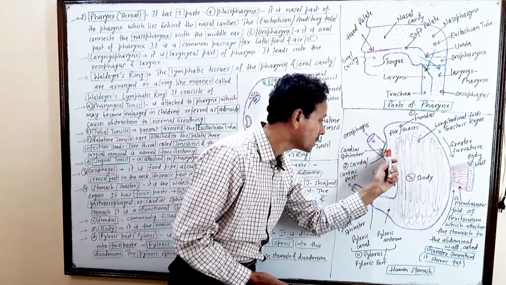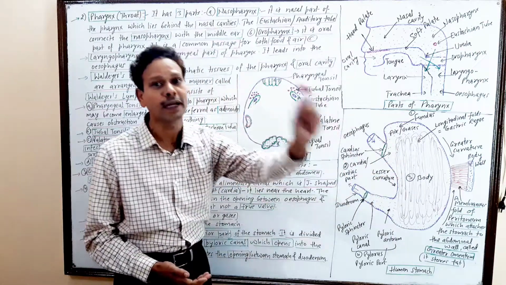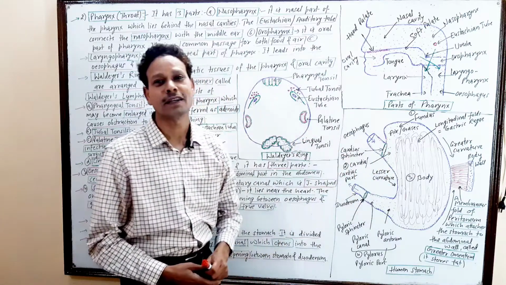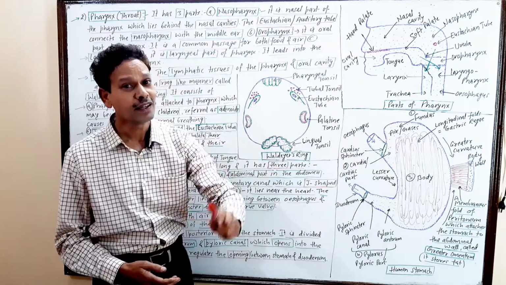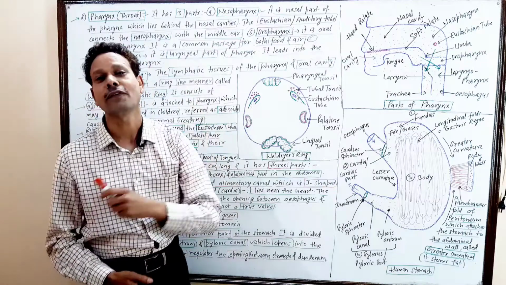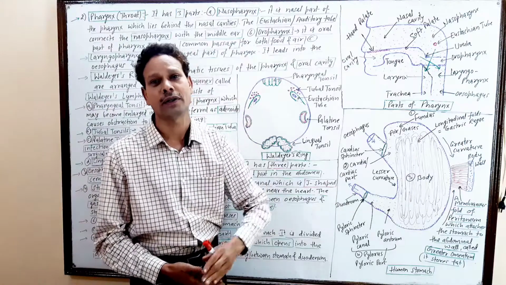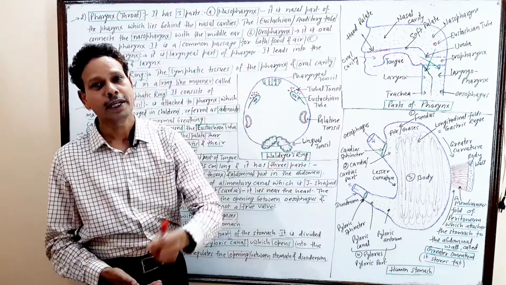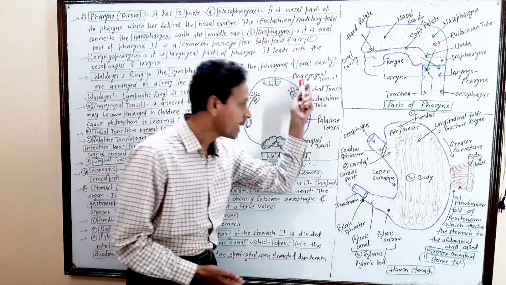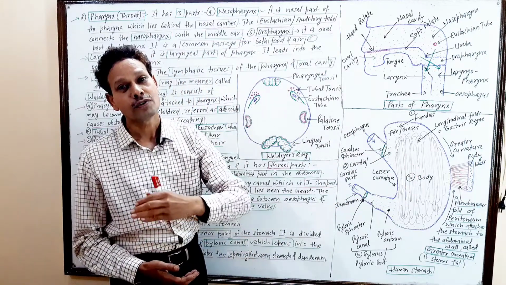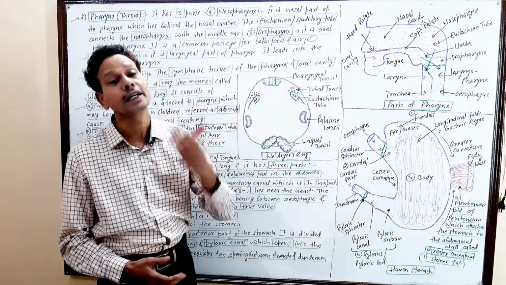Between the esophagus and the cardiac part, a sphincter is there, and this one is the cardiac sphincter, or cardio-esophageal sphincter. Note down, NEET students, this sphincter is not a true sphincter. It is a functional sphincter which allows the entry of food, and it generally prevents vomiting, regurgitation.